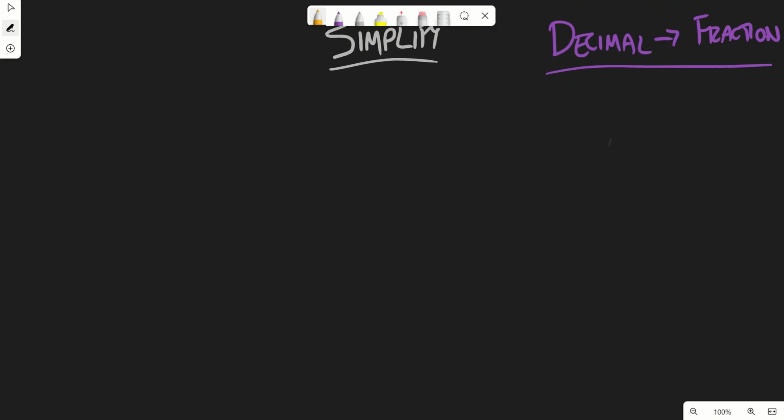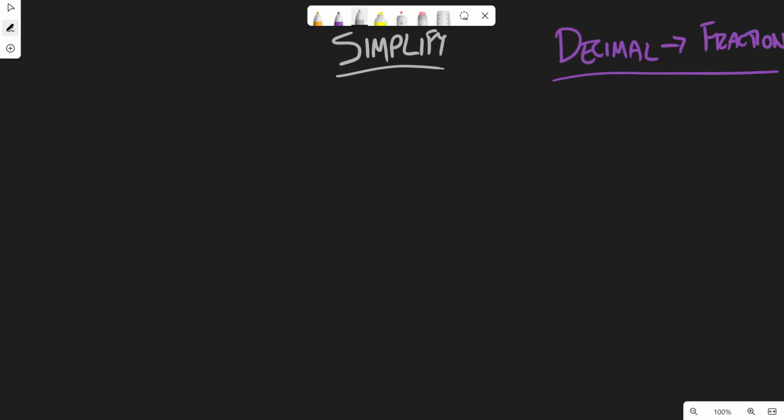So, first thing we want to think about is simplifying fractions. If we have the fraction 24 over 32, we want to think to ourselves, okay, 24 and 32 both have common factors.